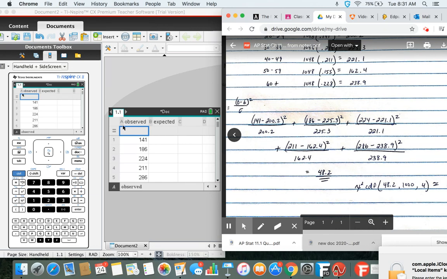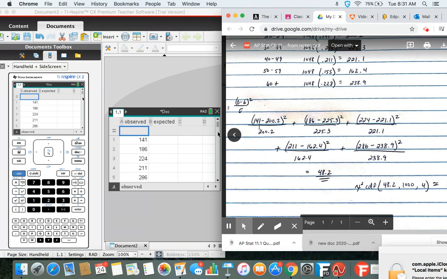I was able to get the TI Nspire software, similar to what we use in class, on my screen now. So you'll notice the chi-squared is the observed minus the expected, squared, divided by the expected. So it is a little time consuming. Take your time with the numbers. You want to make sure you do this part correct, obviously.